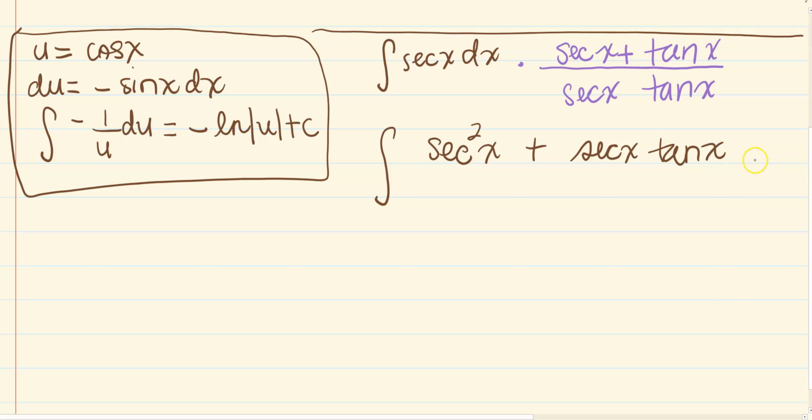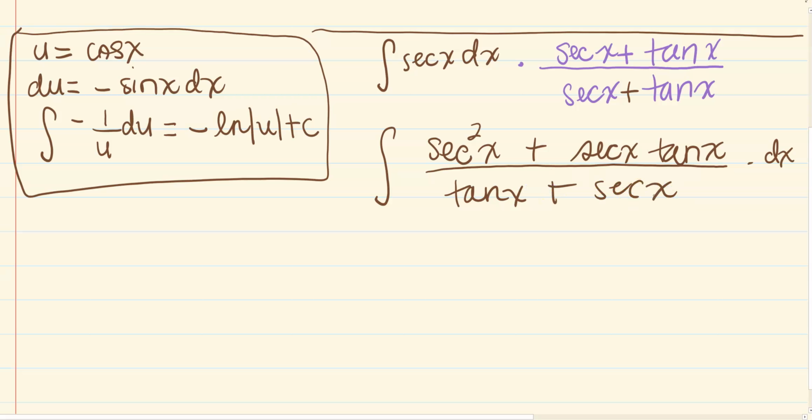Those are both derivatives that I would recognize. And the denominator, you have secant x plus tangent x, but I'm going to rewrite that as tangent x plus secant x. Do you see how the denominator now has its matching derivative on the numerator? So I can do a u substitution.